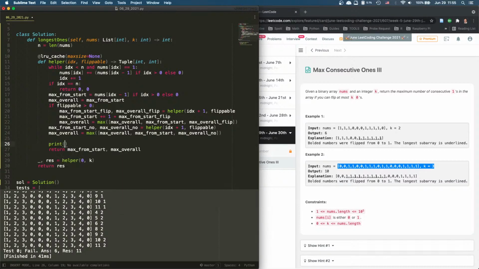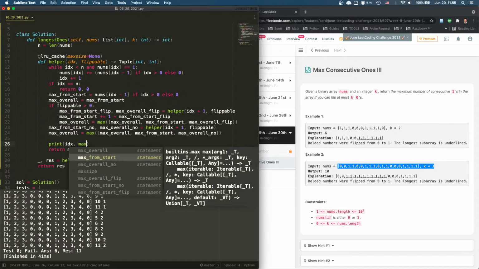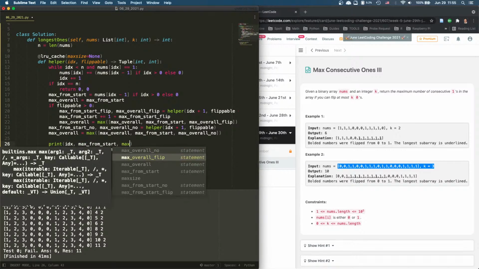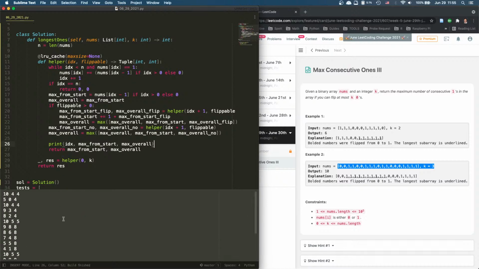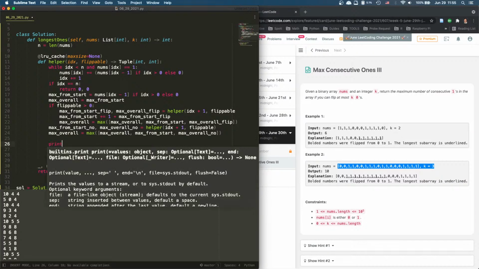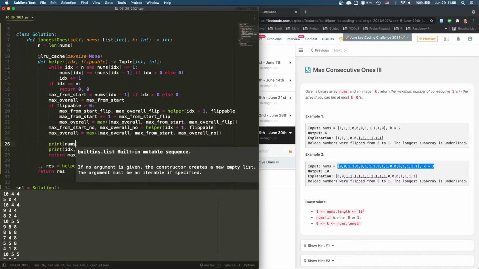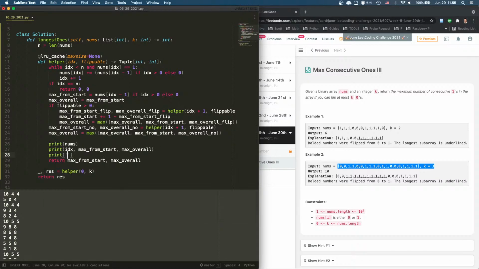I'm gonna print index, a max from start and a max overall, and each index shall go only once. Actually, I also want to print nums as well. So print nums and print a separator.